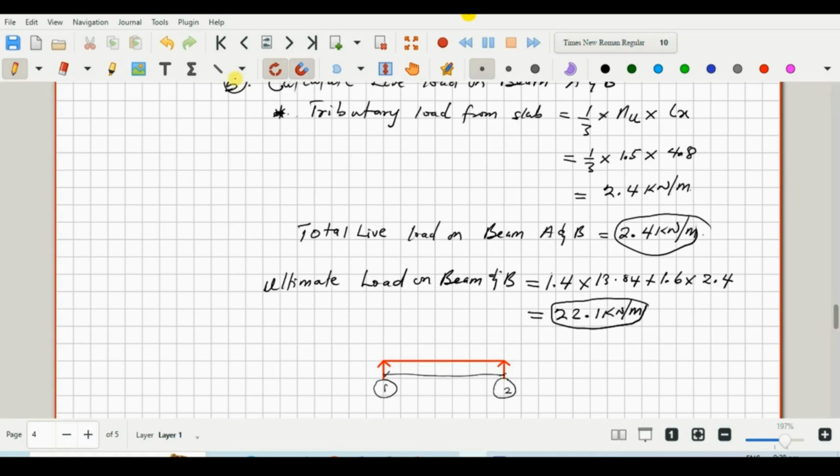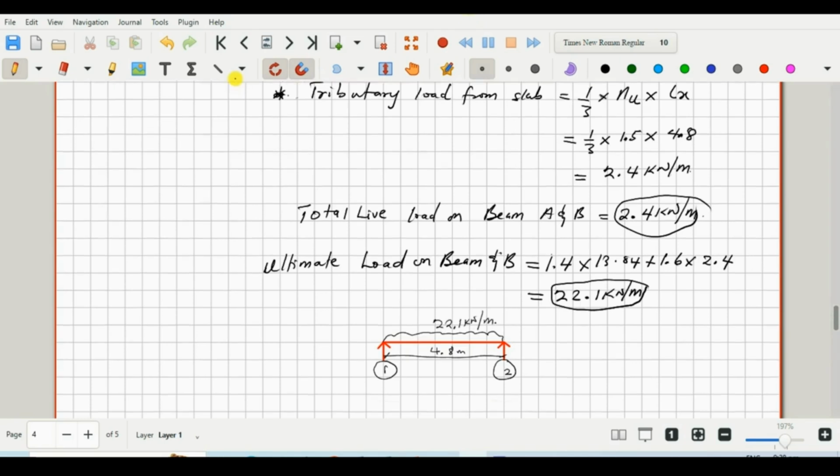And the span is 4.8 meters. And we'll have a uniformly distributed load with magnitude 22.1 kilonewton per meter.